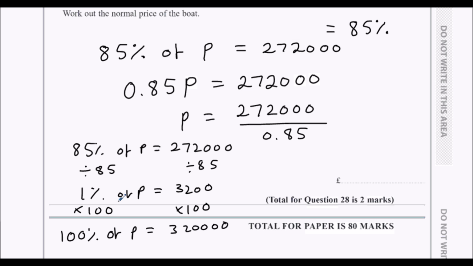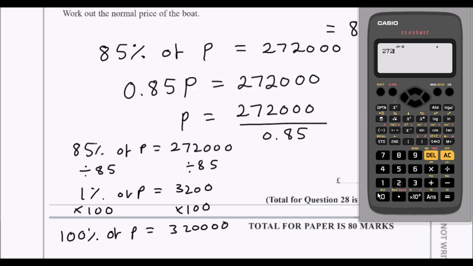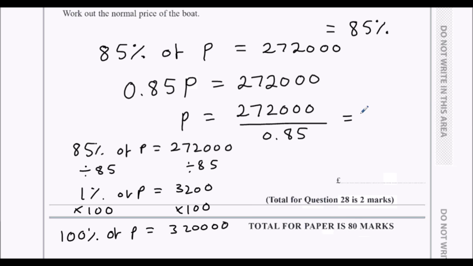So 320,000. Or the other way, 272,000 divided by 0.85 is 320,000. Either way, we get an answer of £320,000.